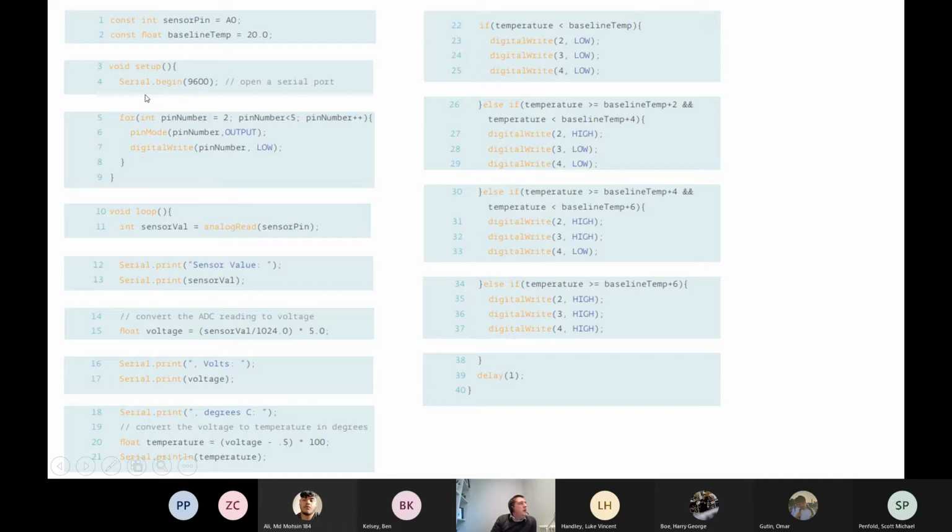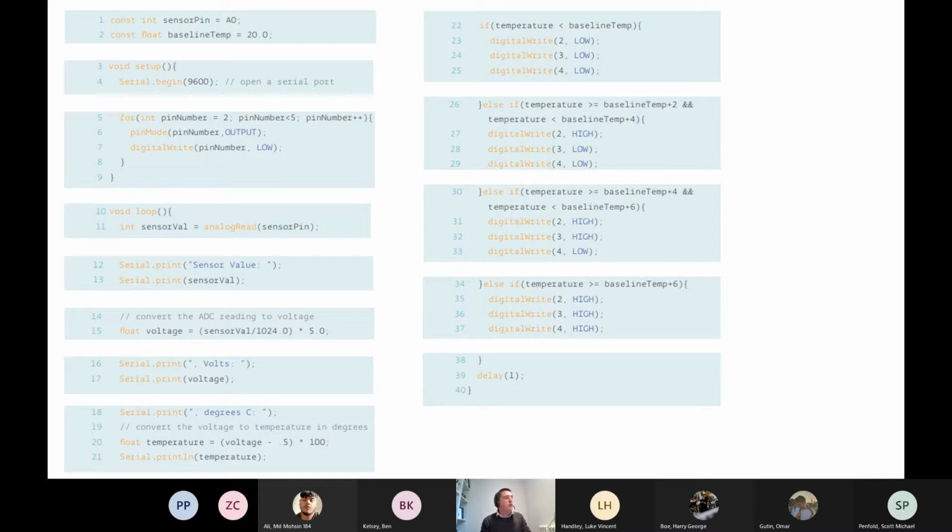This time we've done something slightly different, which is in line 4 where it says open a serial port. We're assuming that the Arduino is connected up to a computer, and we're actually going to take some readings on the computer as well from that sensor. So that's something else we can do with sensors, as well as using them directly to control our actuators. We can record the data from them and then go back and look at it later.